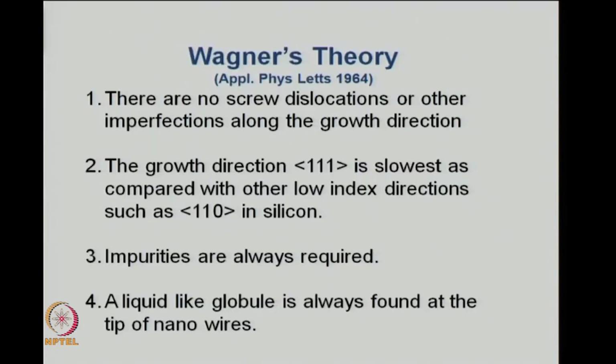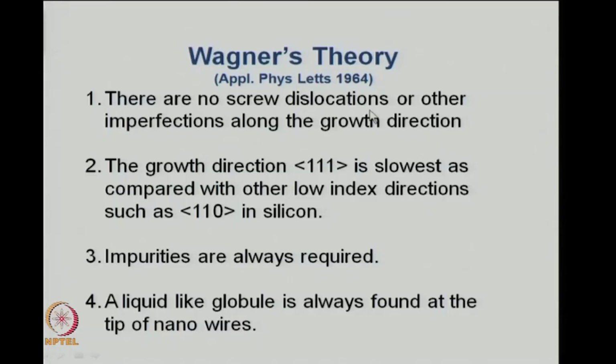Now, to understand a bit more in detail, Wagner first tried to explain this growth of silicon nanowires and nanowhiskers when he could not explain the formation of nanorods or nanowhiskers using the evaporation condensation method which was known earlier.